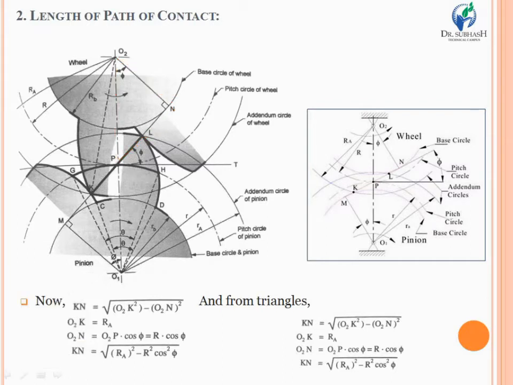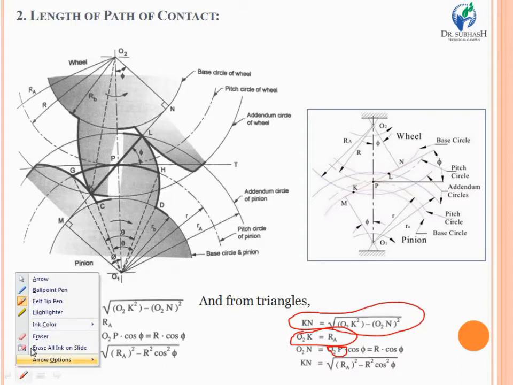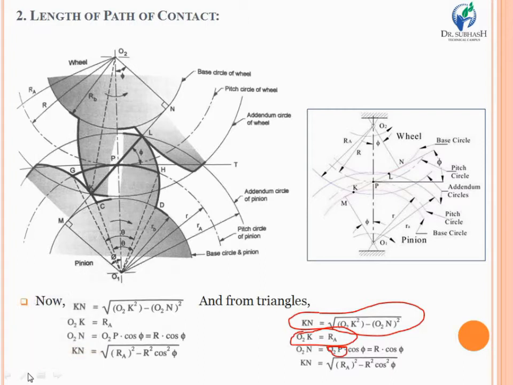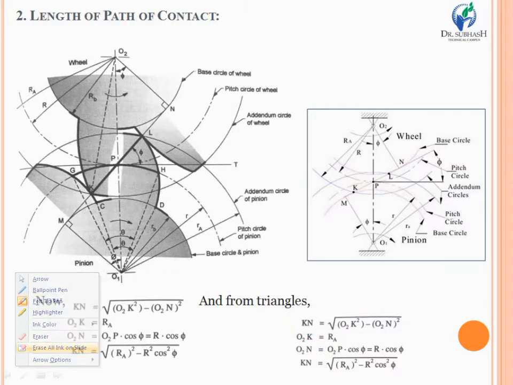By using it, you find that KN is equal to under root O2K whole square minus O2N whole square, where O2K is equal to capital R. If you simplify more, O2N is equal to O2P cos phi, and of course O2P is the radius of the gear, so it is replaced by capital R. So your relation becomes O2N equal to R cos phi.